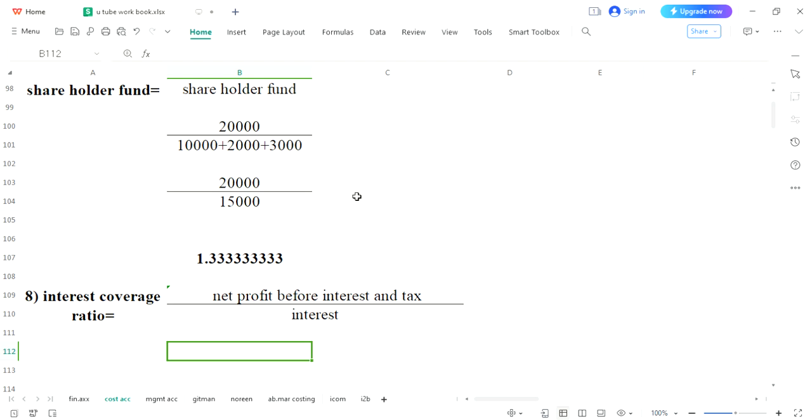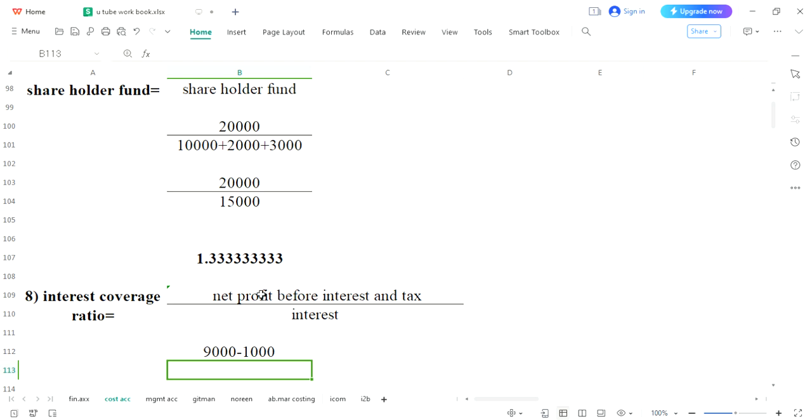So we have 9000, just salaries we are subtracting. With this we will get net profit before tax and interest. Only interest and tax would be subtracted, with which we will get net profit after tax and interest. Now note down what we needed, interest coverage ratio.